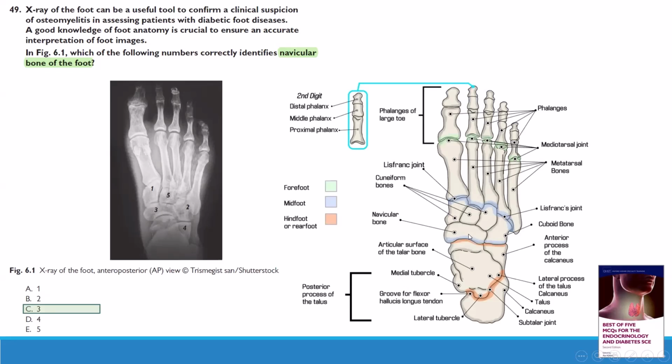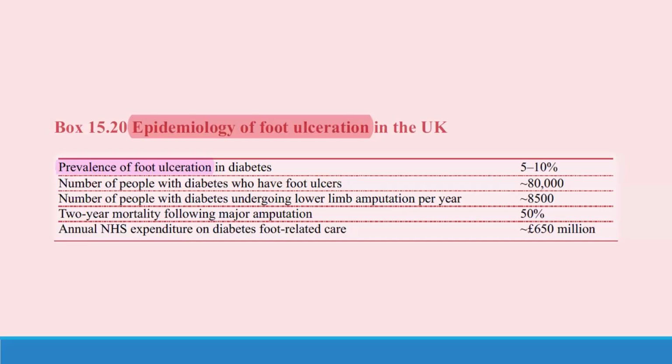This is the navicular, number 3. Numbers 1, 5 and 2 are cuneiform. And number 4 is the calcaneus, and in front of the calcaneus is the cuboid. Number 2 is the cuboid. Number 4 is the calcaneus.